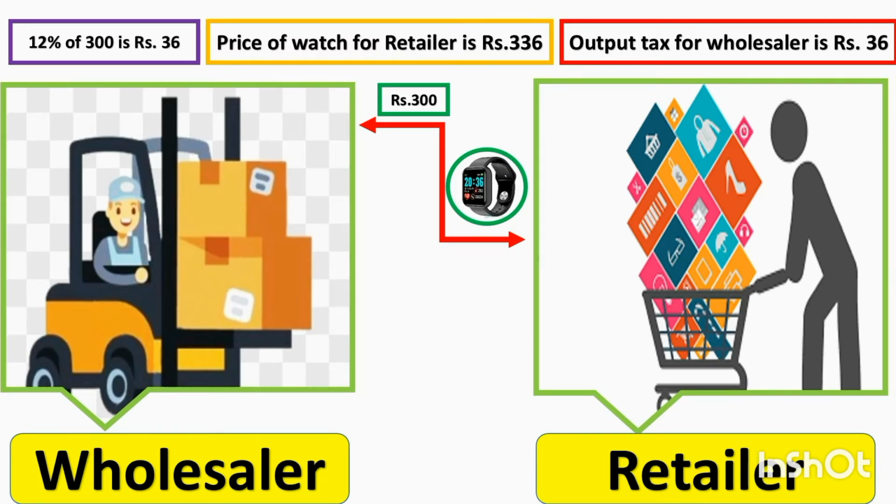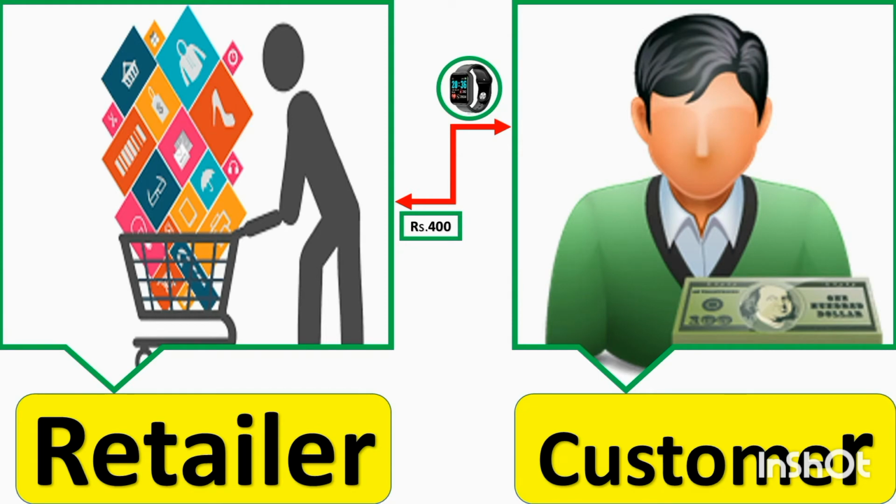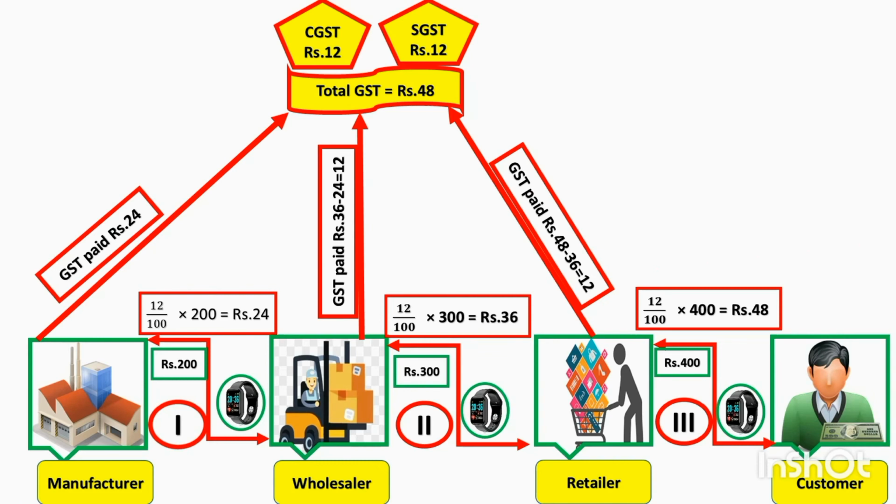In the third transaction, the retailer will sell that watch to the customer for rupees 400. Again, 12% of 400 is rupees 48. So, rupees 48 is the retailer's output tax and rupees 36 that he paid to the wholesaler while purchasing is his input tax.